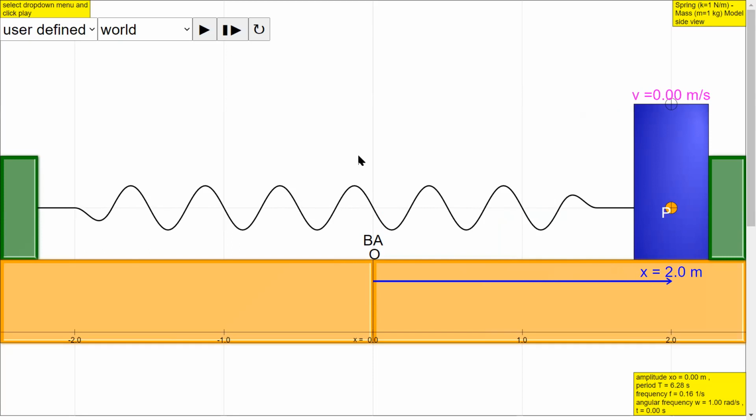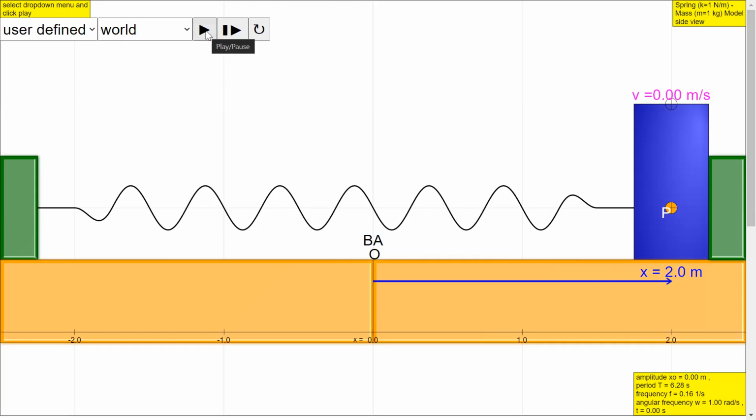Whenever this body is displaced from its equilibrium position, the spring force tends to restore it to the equilibrium position. So we call the force of the spring the restoring force. Oscillation can occur only when there is a restoring force tending to return the system to equilibrium.